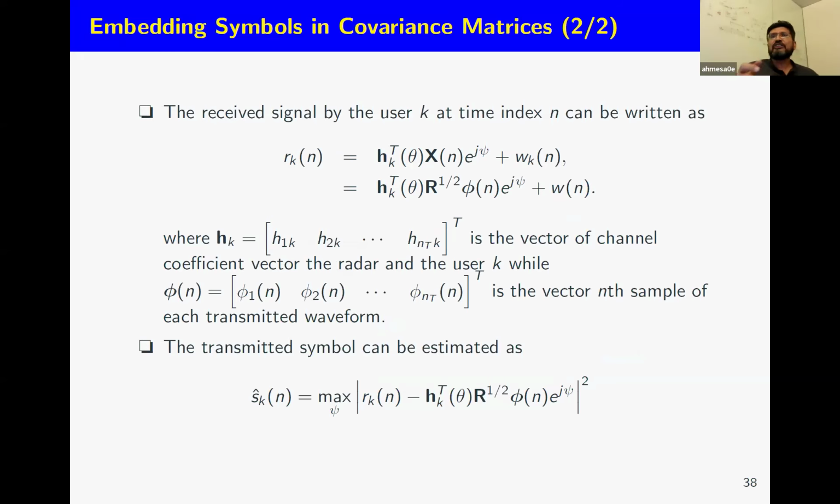For example, if I have multiple antennas, H0 will be from the first antenna to the user, from the second antenna to the user will be H1, H2, and maybe HL, something like that. By using this equation and minimizing the difference between this and this one, we can easily find the symbol that we have transmitted.